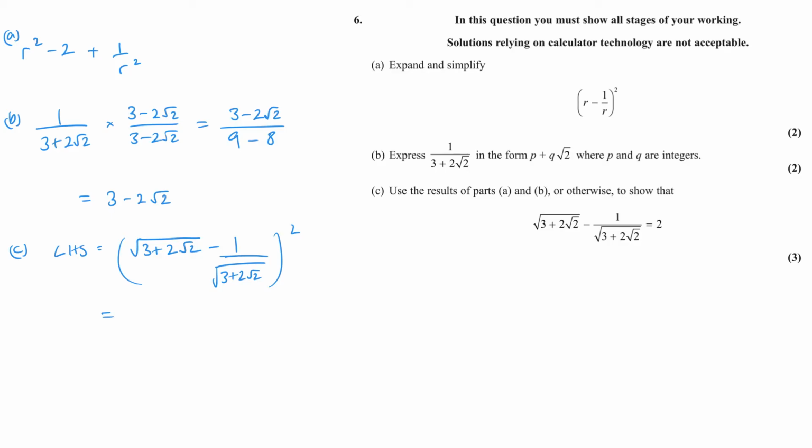Now that is simply this expanded. So that means r squared is 3 plus 2 root 2, minus 2, plus 1 over r squared, which is 1 over 3 plus 2 root 2, and that is this. So we get 3 plus 2 root 2 minus 2 plus 3 minus 2 root 2.